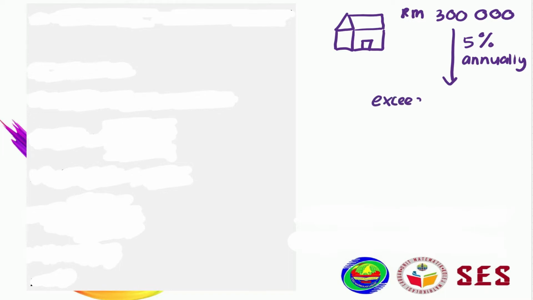So he wanted to sell the house after the price of the house exceeds 390,000. But when will the house price exceed 390,000? So we need to find the year that the price will exceed 390,000.